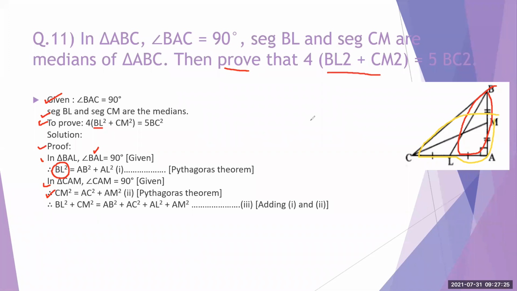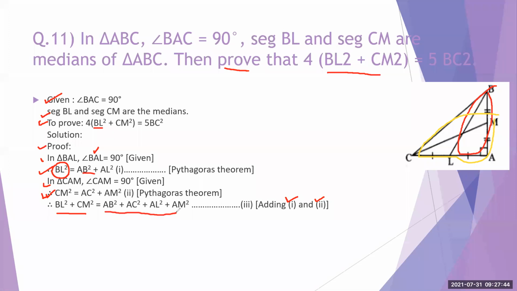So in the next step, what are we doing? We are adding equation number 1 and equation number 2. This is our equation 1, BL square, and here it is your equation 2, CM square. So simply add the two, BL square plus CM square, LHS with the LHS, and RHS with the RHS. So we get this value.